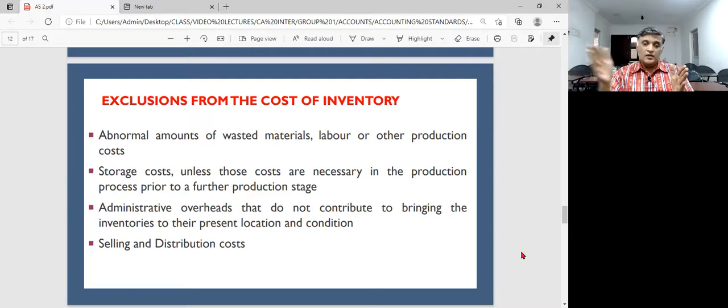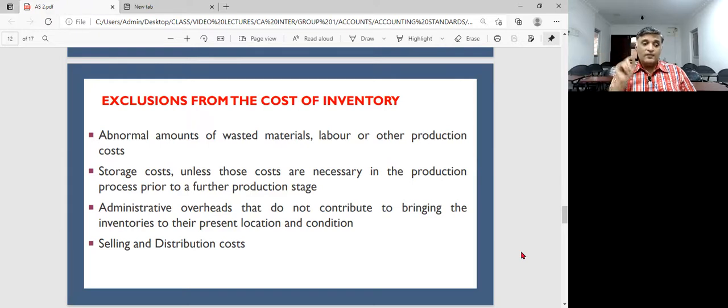In this transition, it takes time, right? So you need to store that goods and incur some storage costs before it moves to the next process. In that event, the storage cost becomes relevant. Otherwise, general storage cost is not relevant for the inventory valuation.